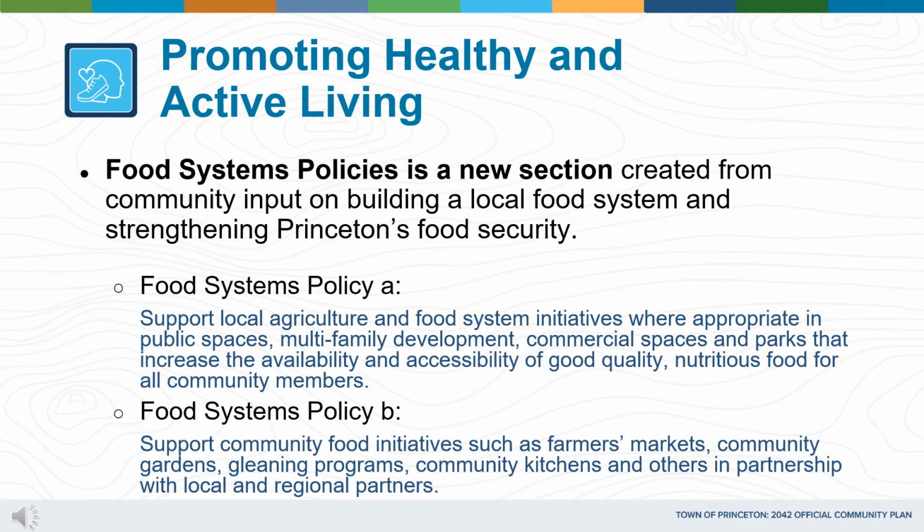Food system policies, found on page 59 of the draft OCP, is a new section found within Promoting Healthy and Active Living that was created based on community engagement results that support building a local food system and strengthening Princeton's food security.